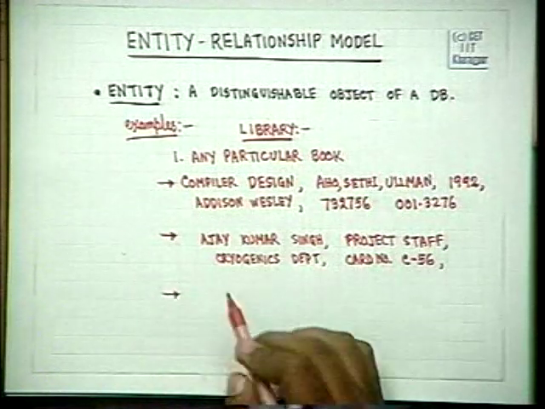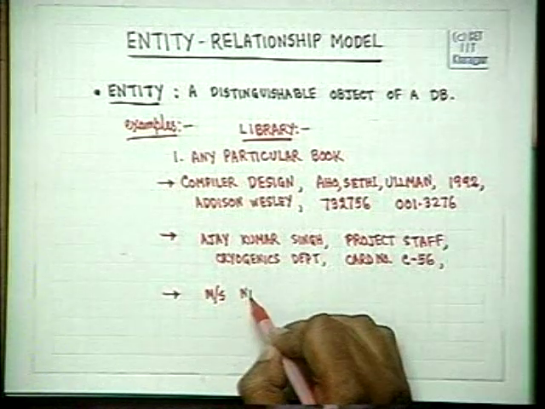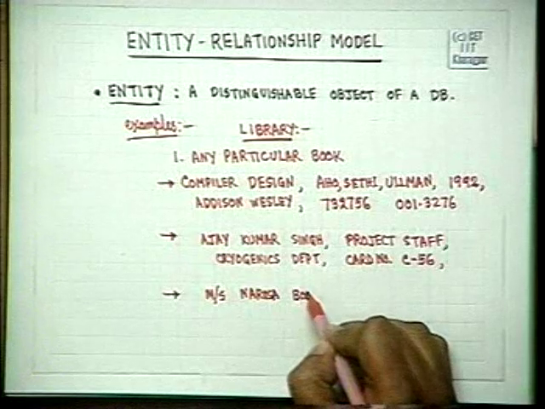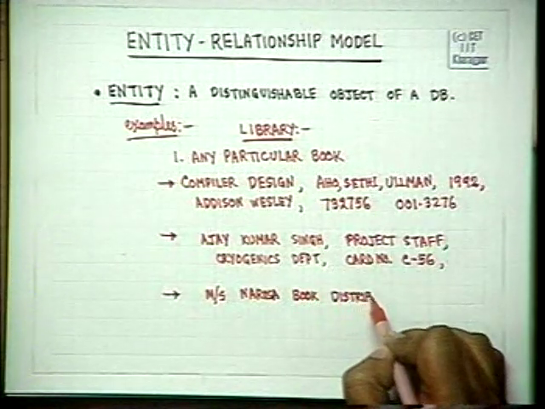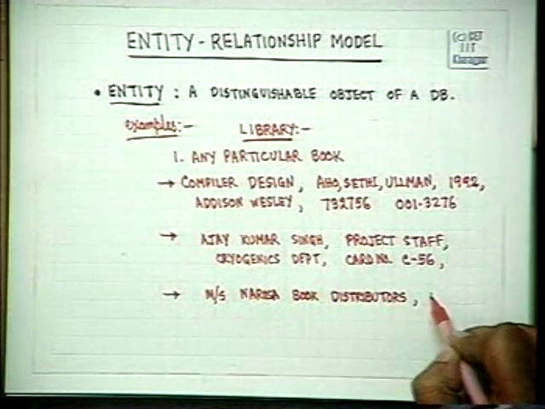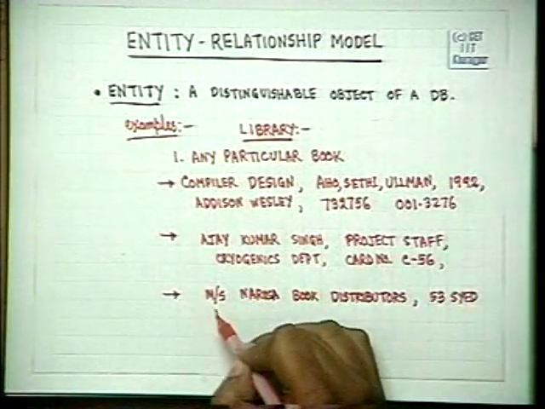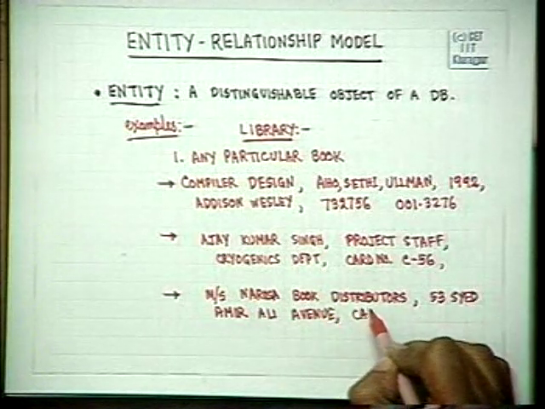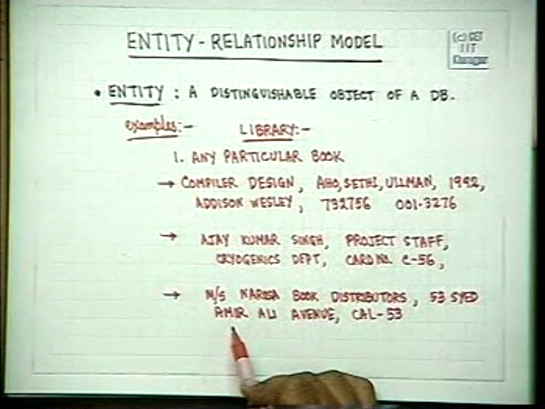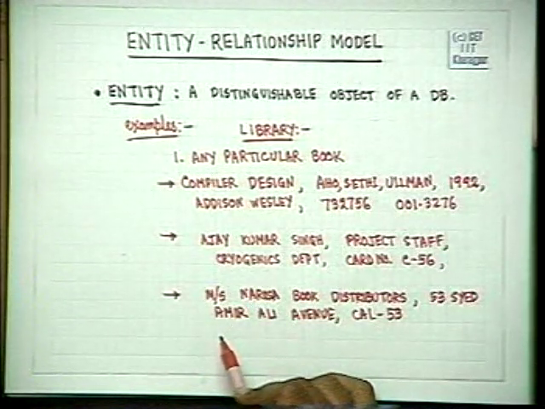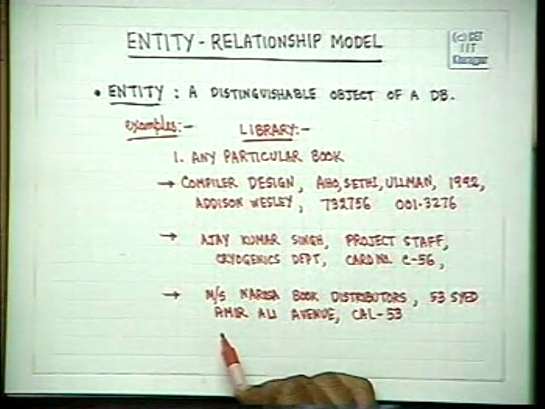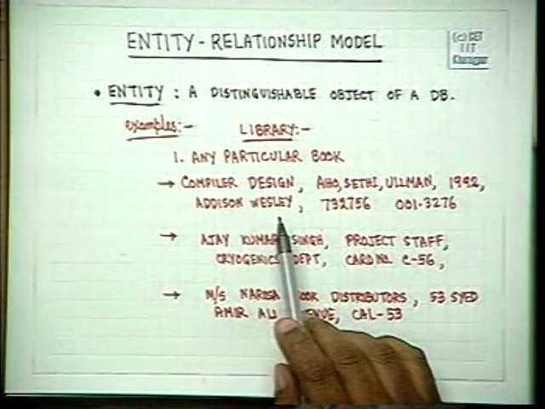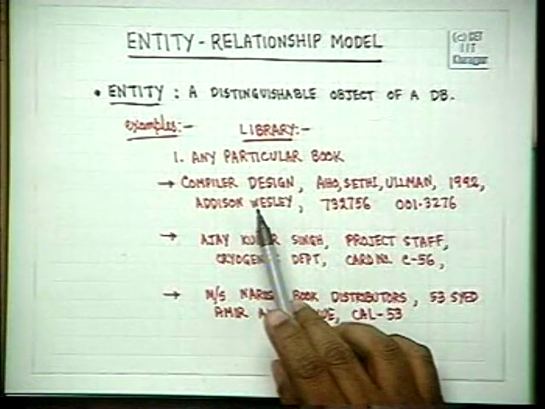Another distinguishable entity of the library can be this, maybe a third distinguishable entity of the library, which is one of the suppliers. And there may be several other entities of the library, like library staff and other people, authors, books, so many things. So each such distinguishable object which can be identified for a particular database will be called an entity.